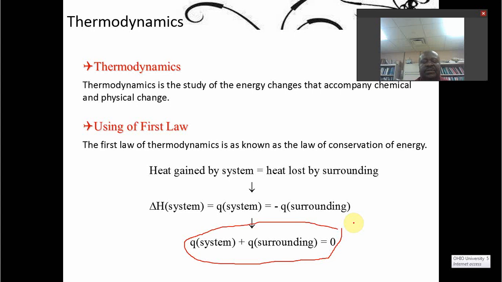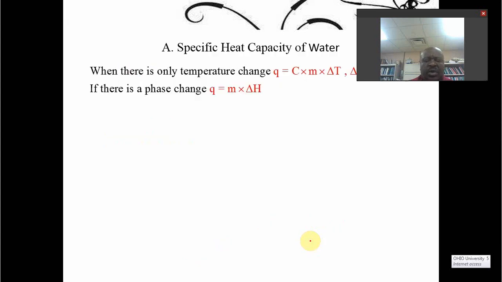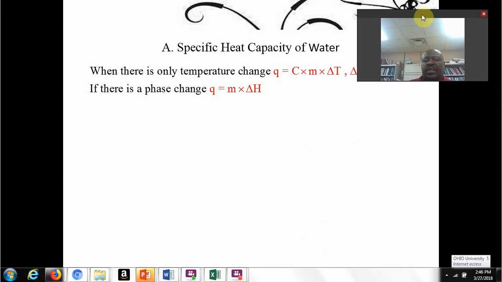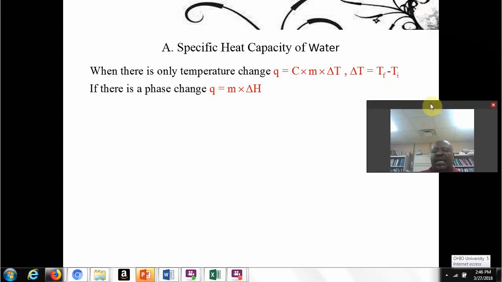Having defined Q as heat absorbed, you end up with Q system equal to minus Q surrounding, and you end up with this equation here. Turns out that this is the fundamental equation that says energy is not lost, it's only transferred from one place to another.